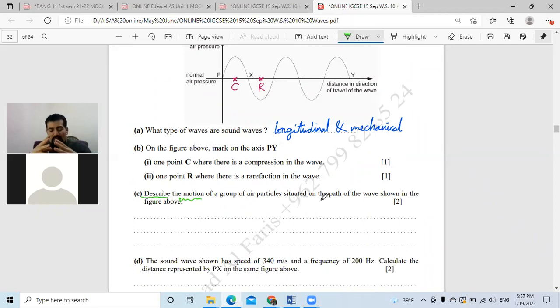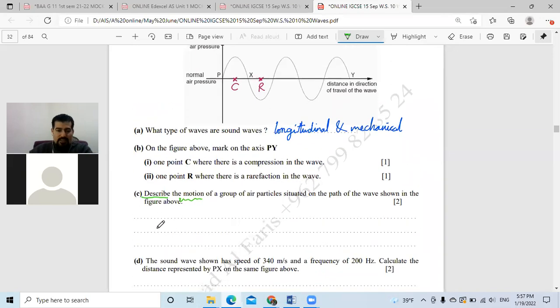You have to say that they keep vibrating because they are longitudinal. They keep vibrating parallel to the direction of the wave propagation, or you can say forward and backward. And this movement causes a series of compressions and rarefactions. That's what you have to say.